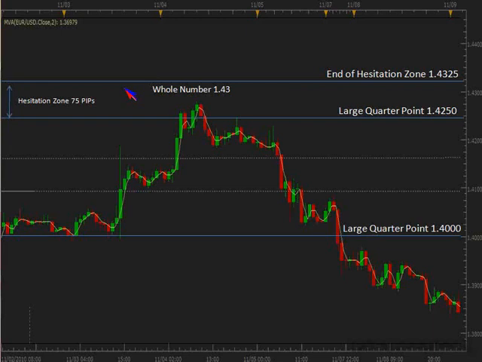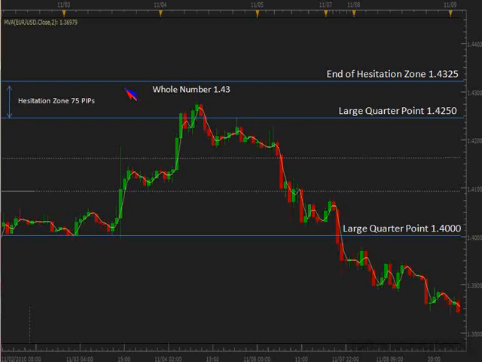So it's very important for a trader to recognize some signs of possible exhaustion that could lead to a reversal, and signs that the transition into a new large quarter may not be as successful.